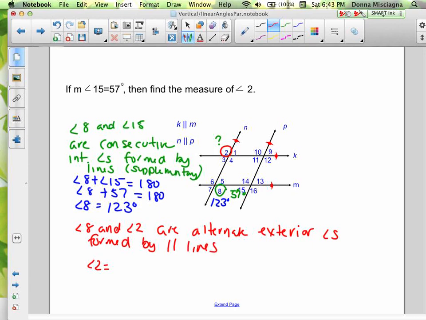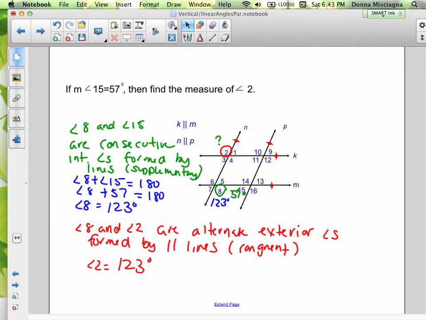So of course they are congruent. And that means if angle 8 is 123 degrees, so is angle 2. That has to be 123 degrees as well. And there we go. We have solved another problem.